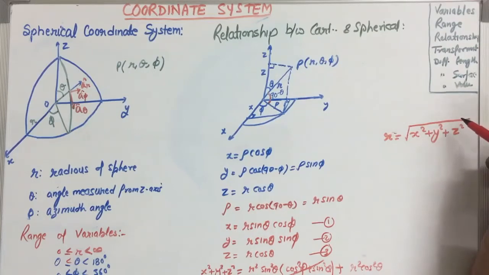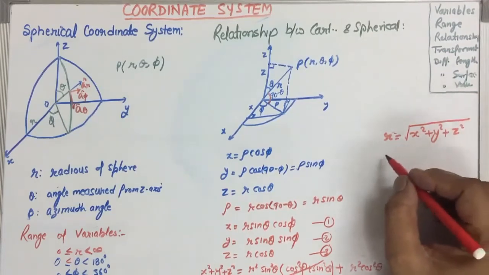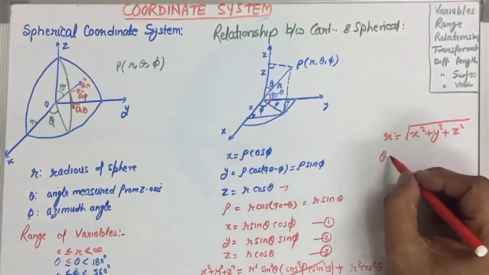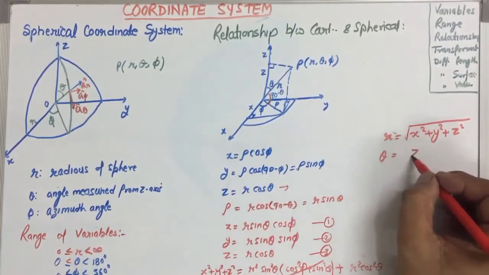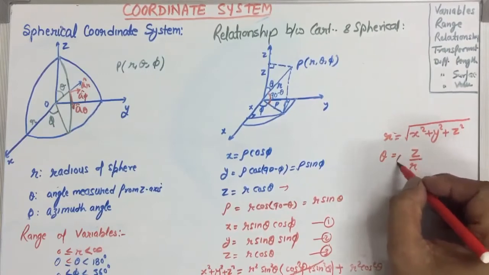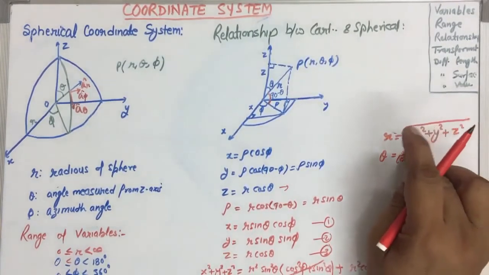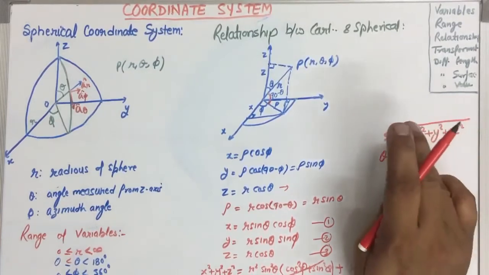Now try to find theta. From here you can simply find theta, which can be written as cos inverse z by r. Let me write it properly.